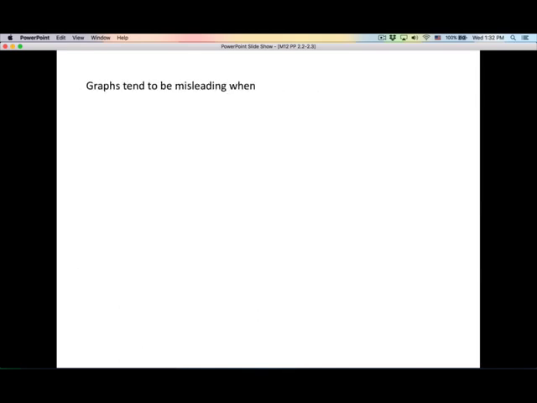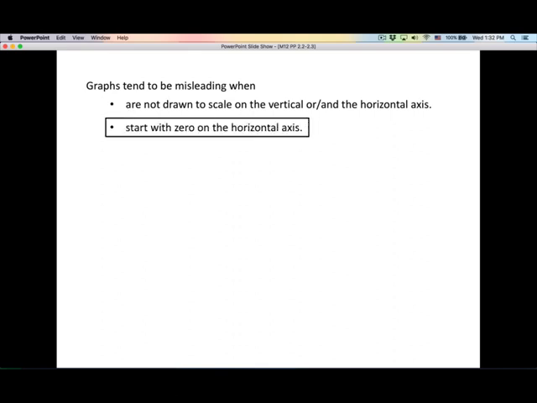Graphs tend to be misleading when they are not drawn to scale on the vertical or the horizontal axis. This is talking about not using a proper scale, which makes the graph look different. I just mentioned that if the vertical axis begins at some value other than 0, that's called misleading.